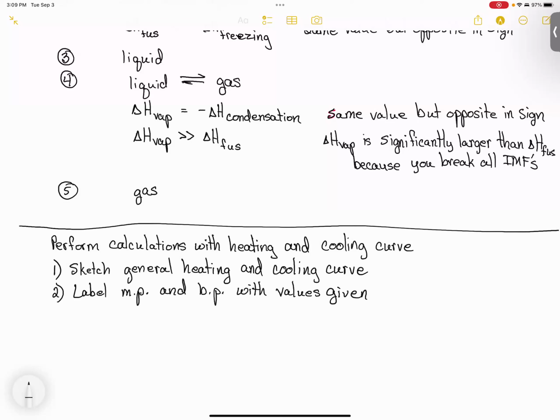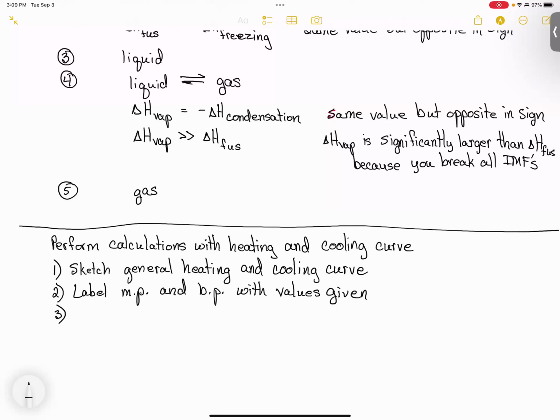If it is a substance like benzene, acetone, isopropyl alcohol, diethyl ether, something that I don't expect you to know, the melting points and boiling points, I will give them to you. But if it is water, I expect you to know that. And therefore, you will not be given the melting point and boiling point of water. But otherwise, it will be given.